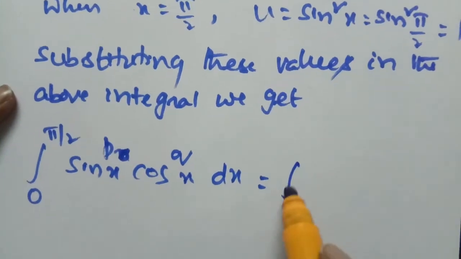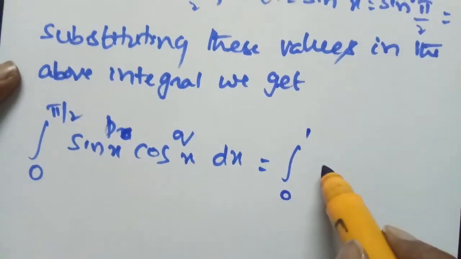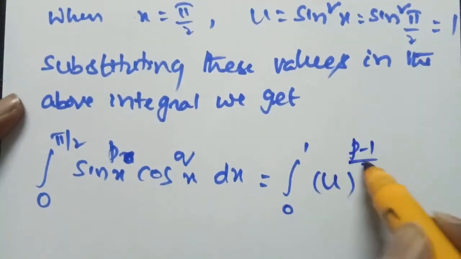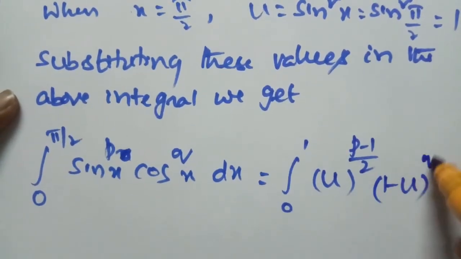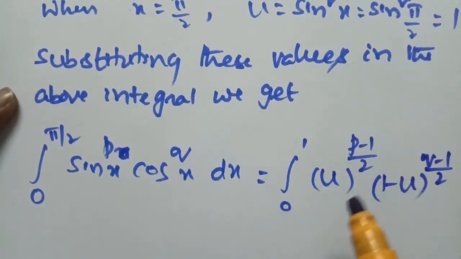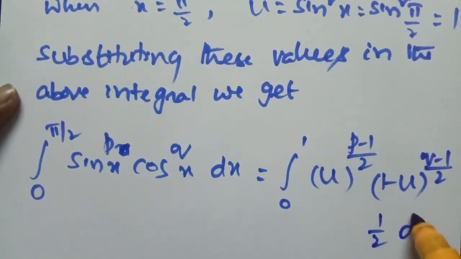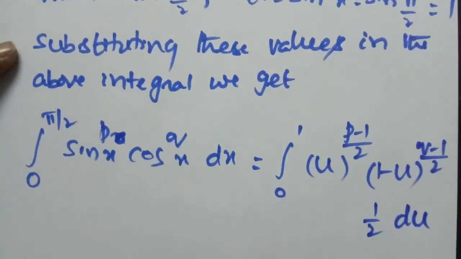Integral 0 to 1 of (sin square, that is u) whole to the power of (p minus 1) by 2 into (1 minus u) whole to the power of (q minus 1) by 2 into sin x cos x, that is 1 by 2 into du.